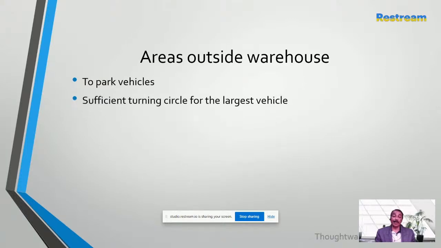Sufficient turning circle for the largest vehicle. Suppose you are trying to receive or dispatch items using trailers or a 40 feet container, the outside area should provide the turning radius for this kind of vehicle.